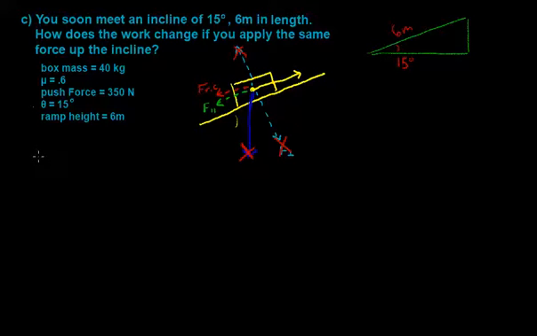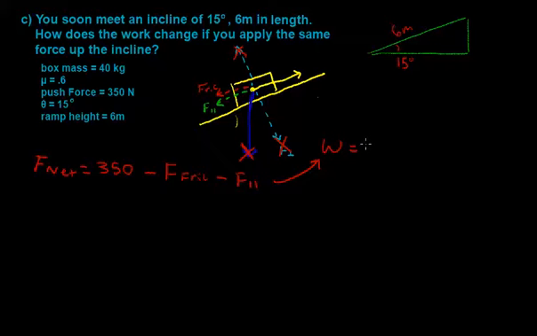So we just have to write out that our net force is going to equal a positive push force of 350 newtons, and then we have to subtract the friction force, F friction, and the parallel component of gravitational force also subtracted. And then after we sum all three of these, we can just go straight to our work equation.